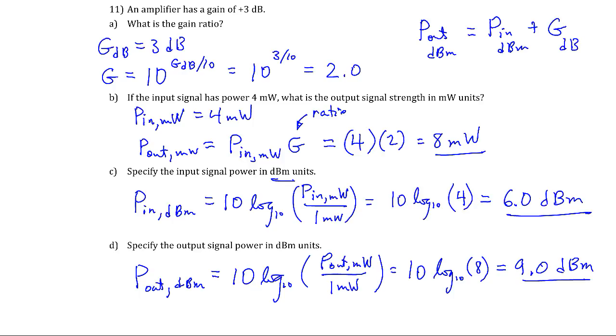So input 6 plus 3 is 9. And they do satisfy those equations. Here we did the calculation for the most part in linear units first. Here this was the calculation in linear units. And then we converted everything to decibel units and verified that, hey, it works no matter how we do it.